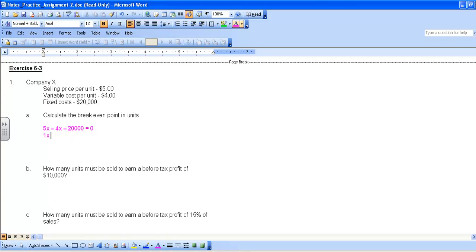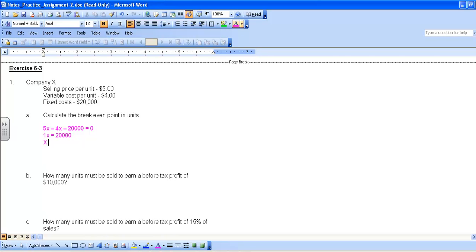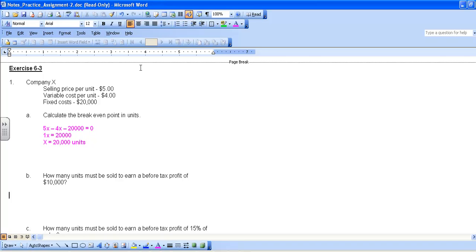So we have 1x equals 20,000, so x equals 20,000 units. Hopefully I'm not going too quickly for you. I'm going to do one more for you, and then I'm going to pause the video and put in the answers, and you can check the answers afterwards.